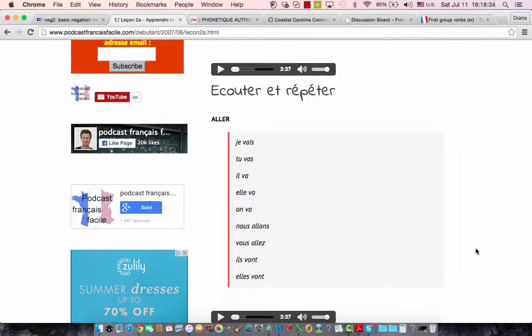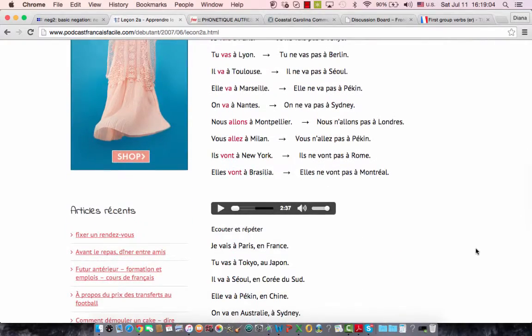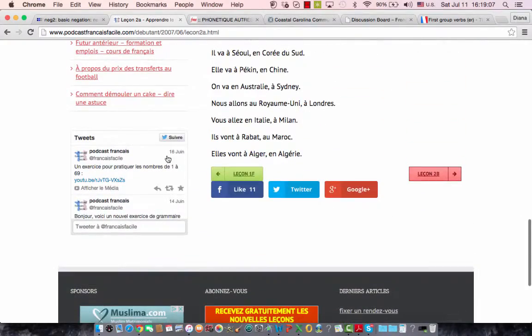Because we were talking about the use of the verbs in phrasal verb constructions, I would like to present to you the verb aller, to go, just because the verb aller helps create a construction that we should be able to use from the first week of French language, and there is ça va, comment vas-tu, how are you doing.